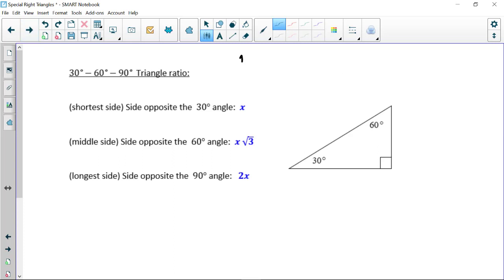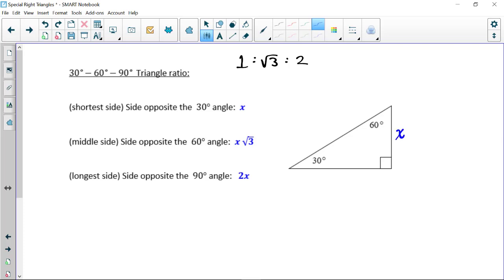So what does that tell us? Let's just start with the shortest side and call that x. The shortest side, opposite the 30-degree angle, is the one that the measures of the other sides depend on. If you know that one, you can find the others very easily just by multiplying.